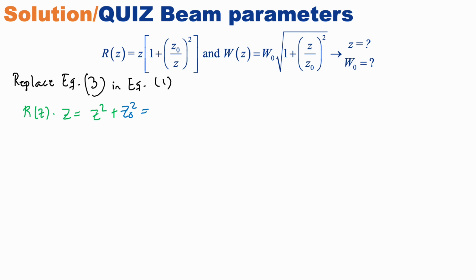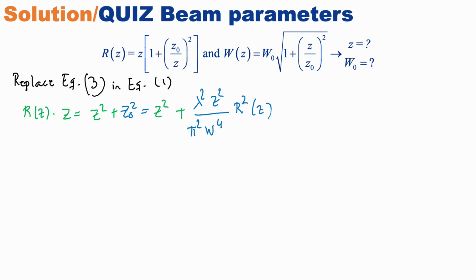So that's where I'm gonna introduce equation number 3, because I know that the Rayleigh range is lambda squared c squared over pi squared, the power of 4 of the beam width, and then the square of the Rayleigh range.